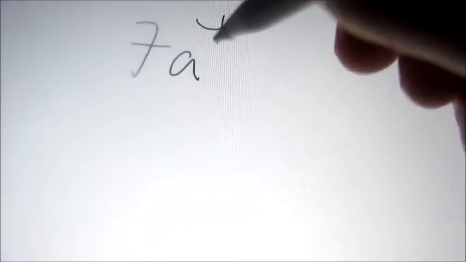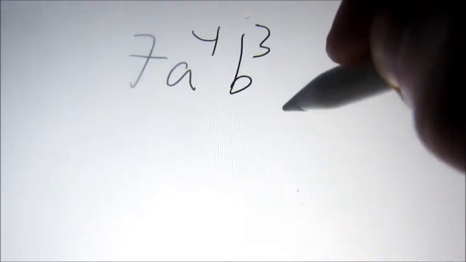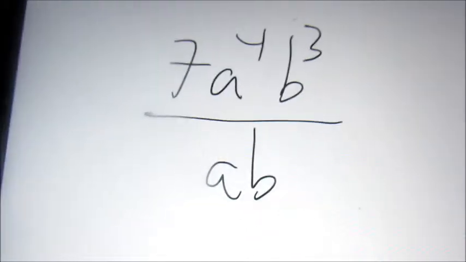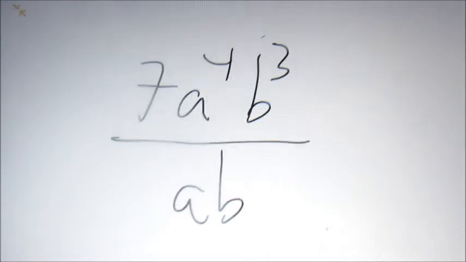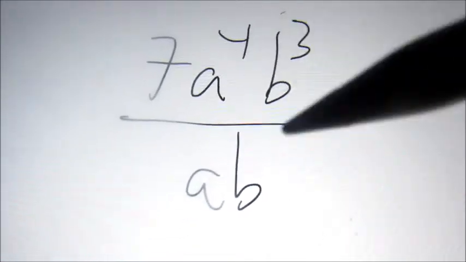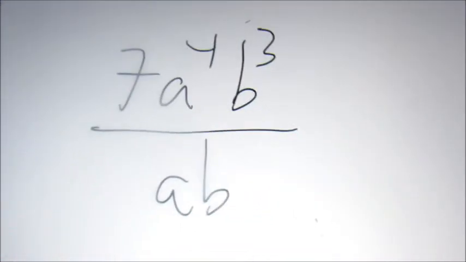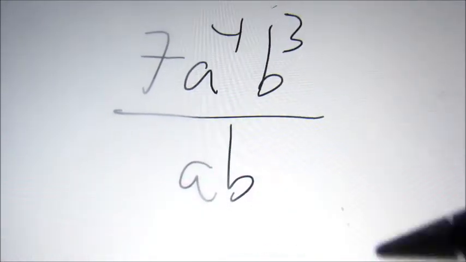Okay, so those are all ones that have just one base. Let's say, though, that we have something like 7a to the 4, b to the 3 over ab. Now here, it's not like that other example I gave because there's no plus or minus in here. It's all multiplication. So we can do all of these divisions.